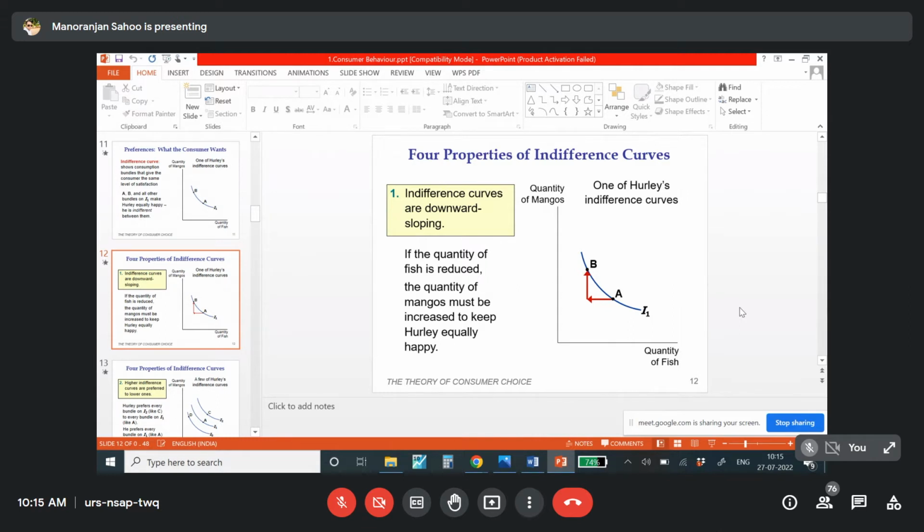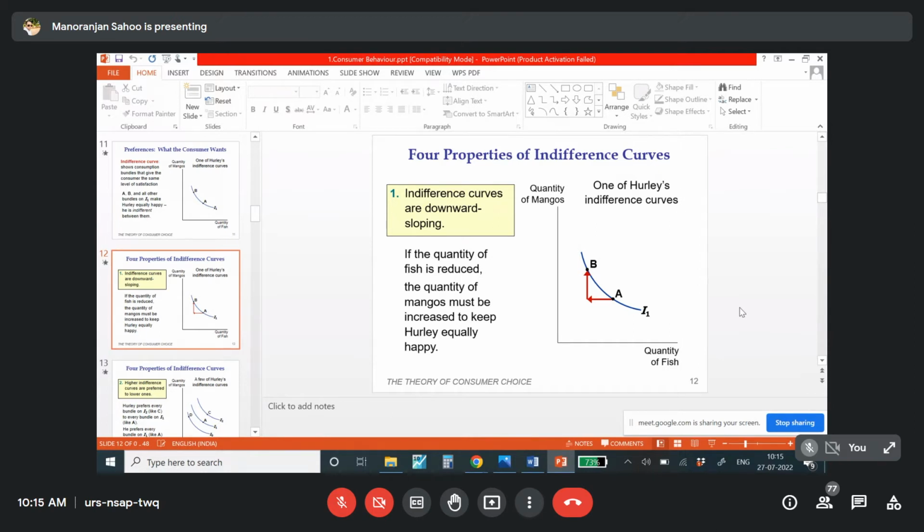Because at every point along the indifference curve, total utility or total satisfaction is constant. In order to keep total satisfaction constant, if you increase units on the x-axis, you should match it with the y-axis so that the total utility is the same.